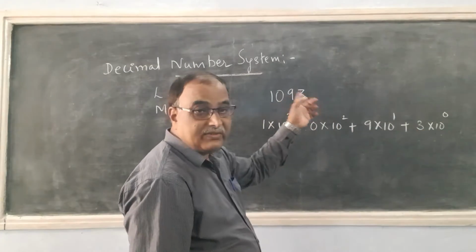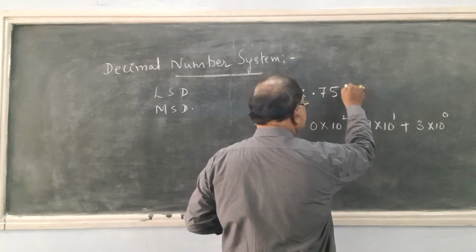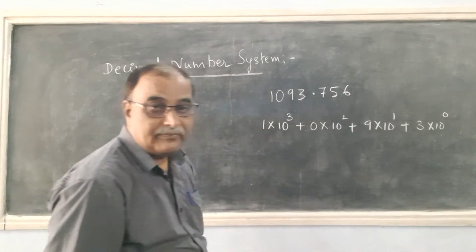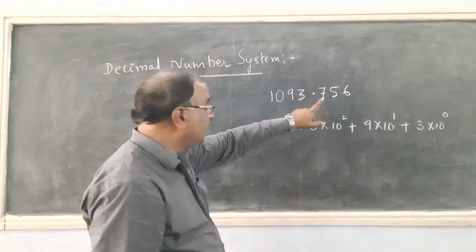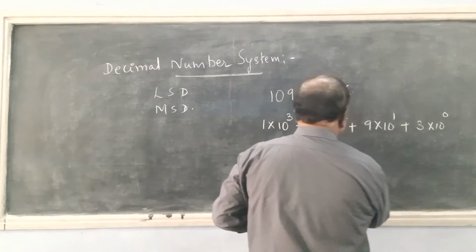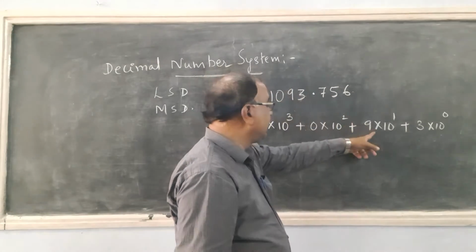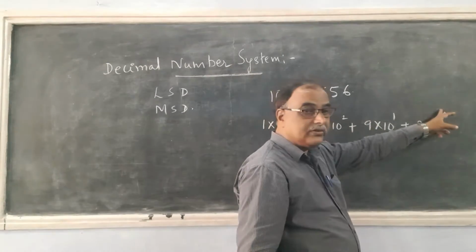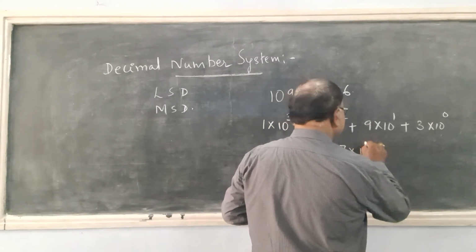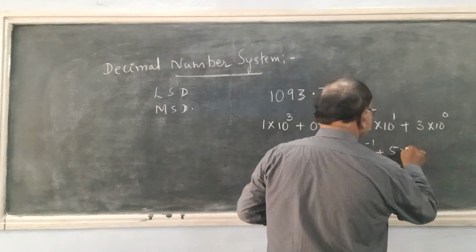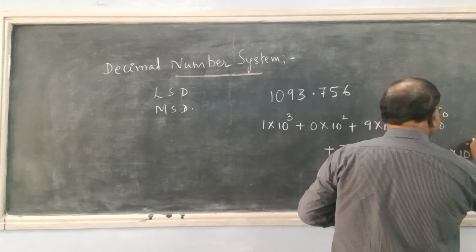Now suppose you consider one more example, say 1093.756. Now here you can continue this. 1 into 10 to the power 3, 0 into 10 to the power 2, 9 into 10 to the power 1, 3 into 10 to the power 0. So continue this, plus 7 into 10 to the power minus 1, plus 5 into 10 to the power minus 2, plus 6 into 10 to the power minus 3.